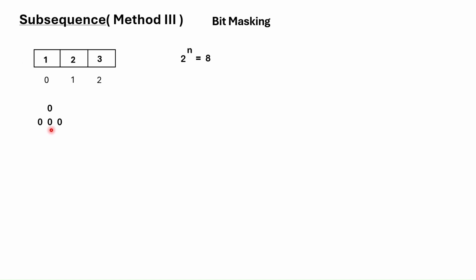For 1 in binary we can write 001, 2 is 010, 3 is 011. Similarly 4 is 100, 5 is 101, 6 is 110, 7 is 111. So we have written the first 8 numbers and their corresponding bits.